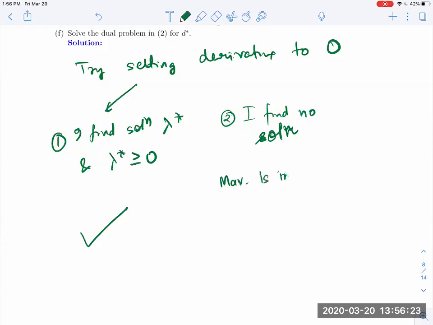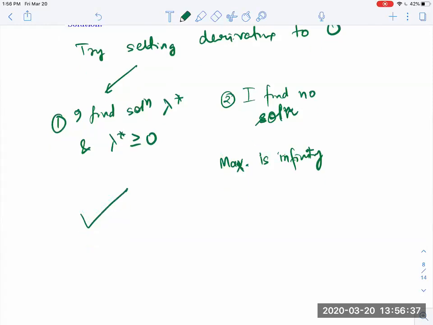Okay, this is not strictly true. This is true as long as you have at least one dual feasible point, then your maximum is infinity. There are some pathological cases, so we will not think about those. Max is infinity, and you can find the direction along which it goes to infinity.